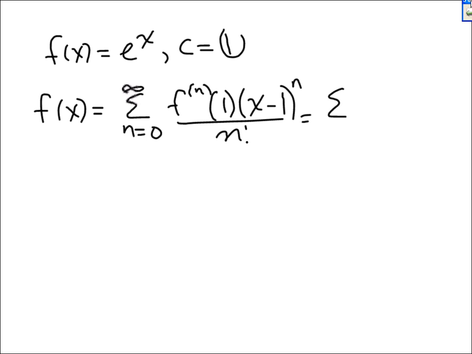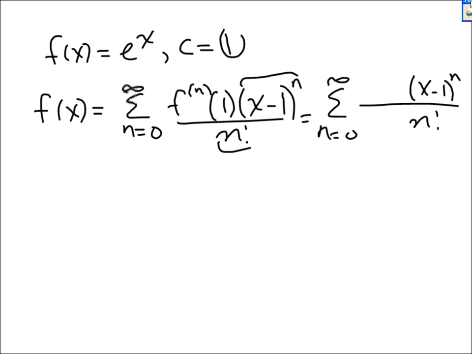I can write down most of it. I can write down the n factorial. I can write down the x minus 1 to the n. This is all correct. My whole job is to figure out what the nth derivative at 1 is. Well, f of x is e to the x.